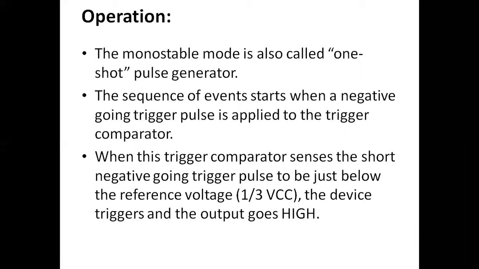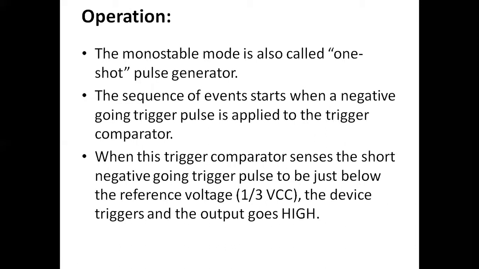Coming to the operation, monostable mode is also called one-shot multivibrator or one-shot pulse generator. We give a negative triggering pulse in order to start the operation.